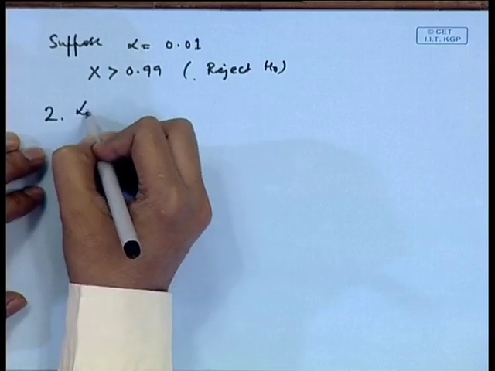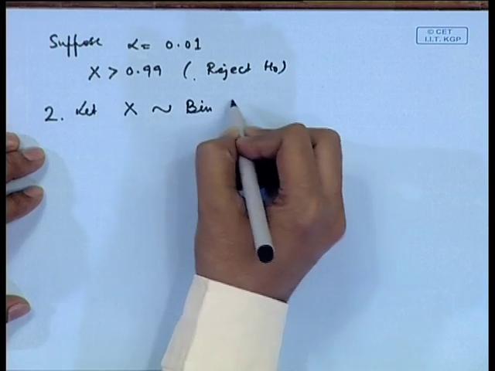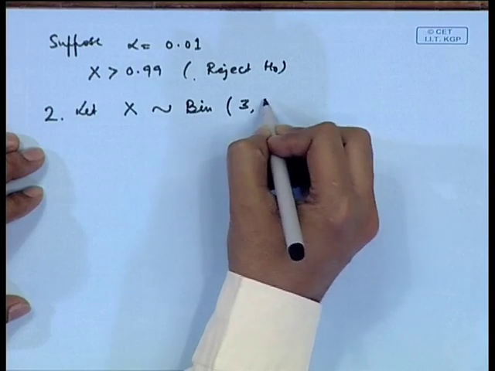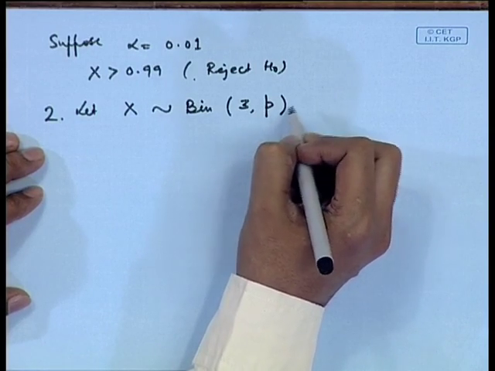In the case of discrete distribution, we may have to take some randomization which is explained through the following example. Let me take this example here. Let x be a binomial random variable with parameters n is equal to 3 and probability of head is p.